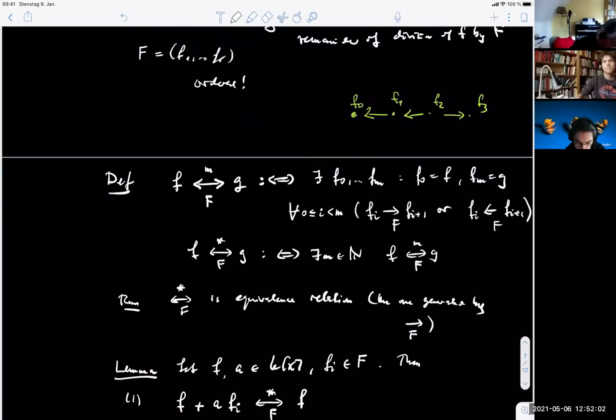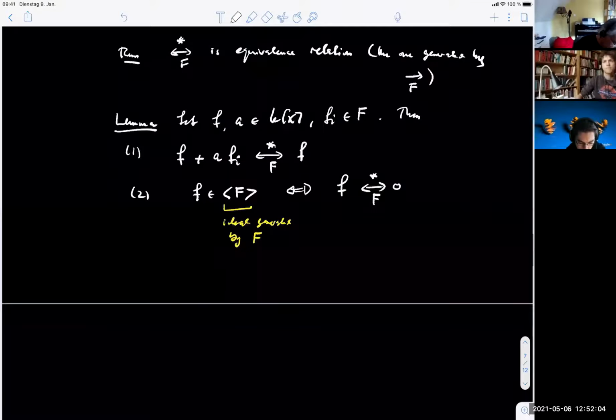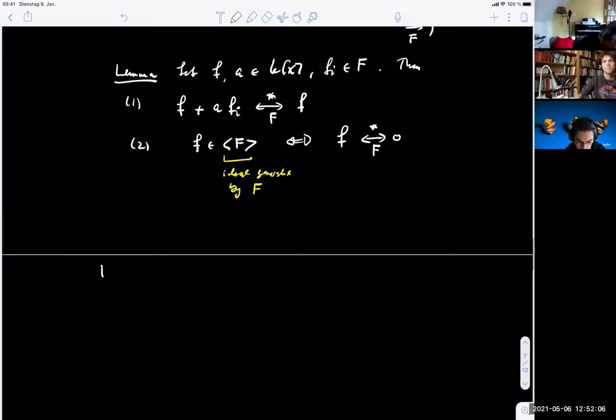So, the proof of this lemma. Let me think. I have f. I add a times fi. I want to show that what I get is equivalent to f.